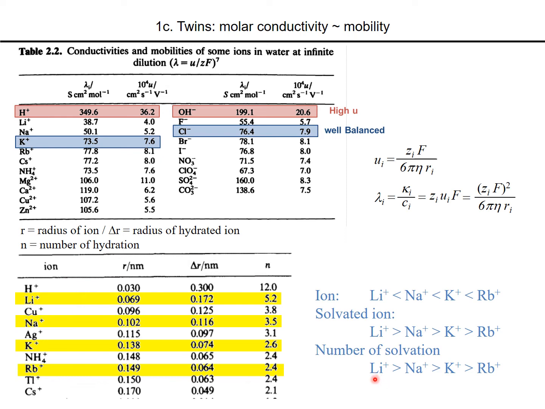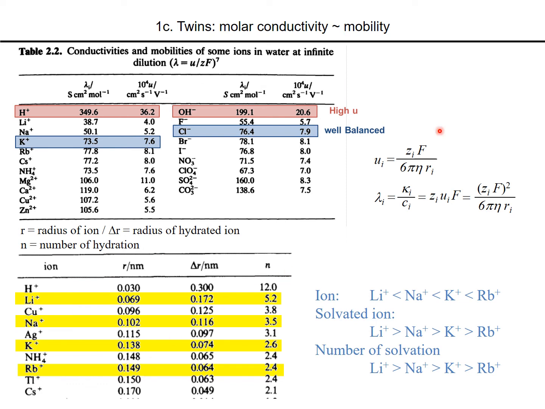The number decreases as you go from lithium plus to Rb plus. Lithium plus has about 5 water molecules in each solvation sheath, sodium plus 3.5, then K plus 2.6, and Rb plus 2.4. So the smaller number of water molecules for solvation leads to a smaller size of solvated ions, even if each ion size is larger than the other.